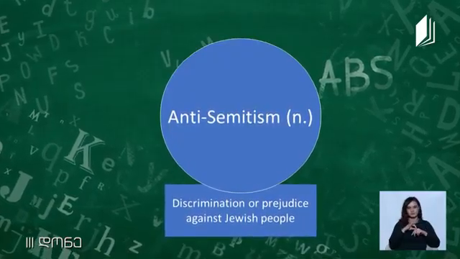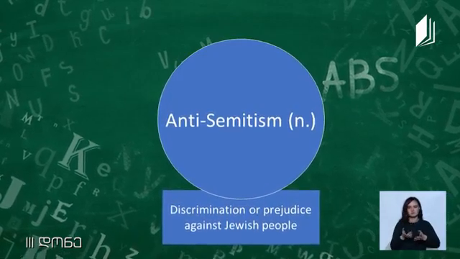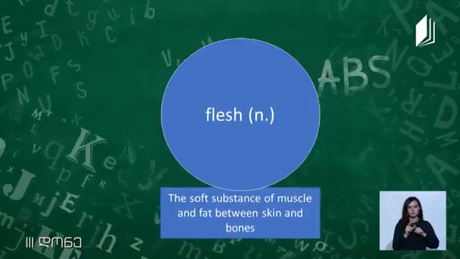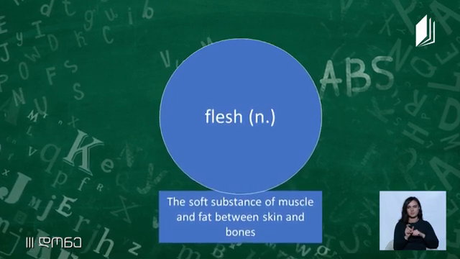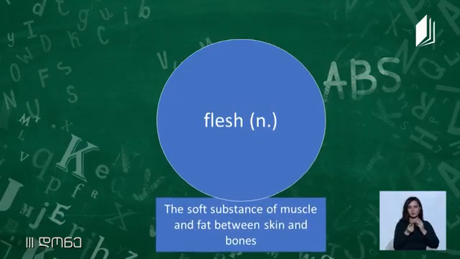This is discrimination against or prejudice shown towards Jewish people. Next, we have flesh. Flesh is the soft substance of muscle and fat that's between the skin and bones of a human or animal.